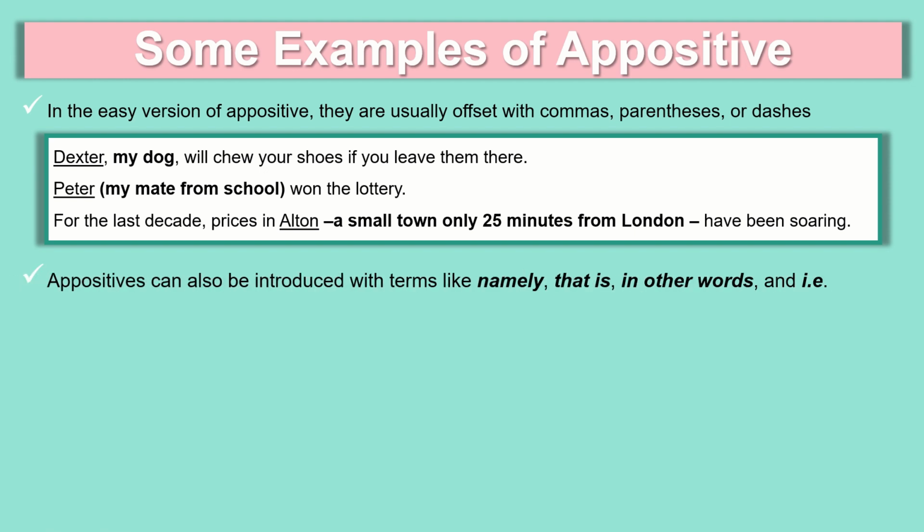Appositives can also be introduced with terms like namely, that is, in other words, and i.e. So it does not only appear within punctuation, it can also be introduced with some terms like these ones.